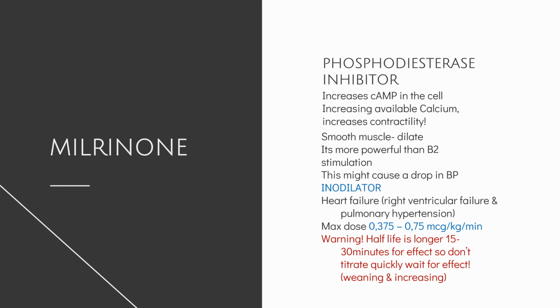So right-sided heart failure: increasing that available calcium and the contractility is going to help your right-sided ventricular failure, and the dilation properties are going to assist that pulmonary hypertension and relieve some of that high pulmonary vascular resistance.